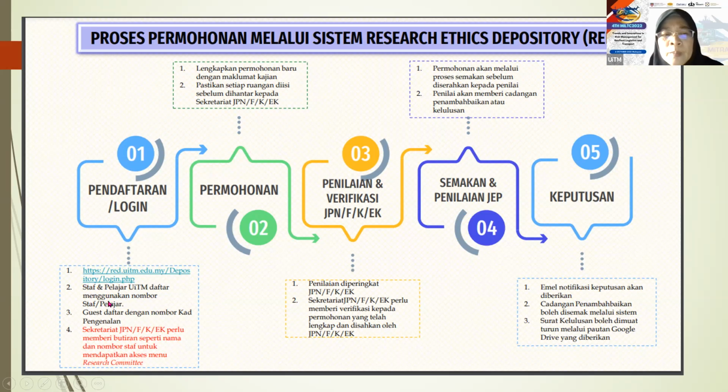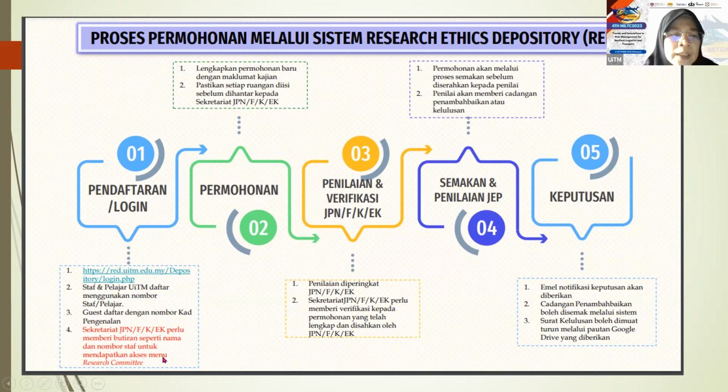If you are both a staff and student, you can register. Once you go to the website, you have the option whether you are a student or you are staff. And if you are a guest, if you are not part of UITM and you want to register, you can do that by using your identification card number.